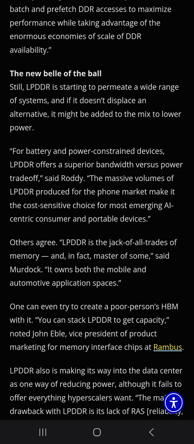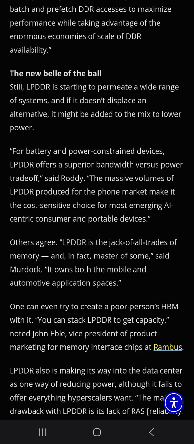LPDDR is the new belle of the ball. It is starting to permeate a wide range of systems, and if it doesn't displace an alternative, it might be added to the mix to lower power.